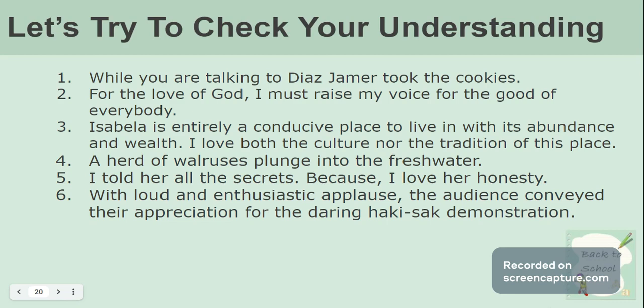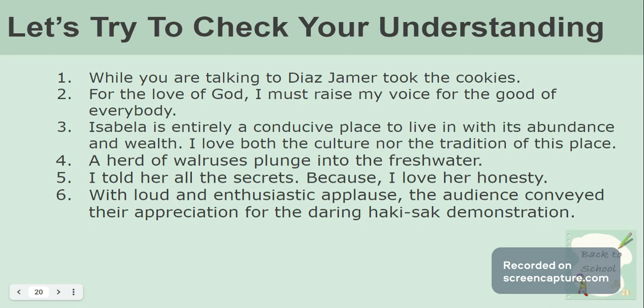Number three: Isabella is entirely a conducive place to live in with its abundance and wealth. I love both the culture nor the tradition of this place. You love both the culture and the tradition. That's why it should be "and." Okay? You are not choosing, that's why "and."